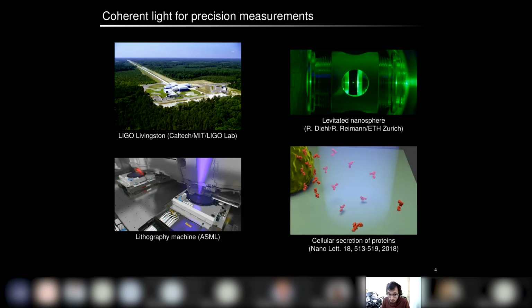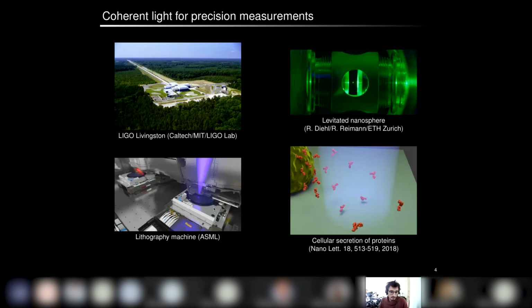And to do so, they use coherent light. Also here, people are using coherent light in order to estimate the position of a levitated nanoparticle, in order to cool it to the ground state of motion.